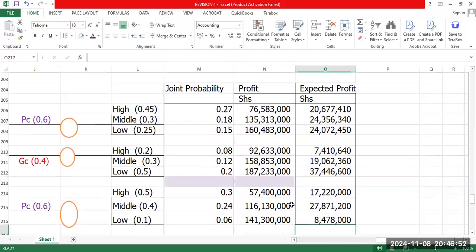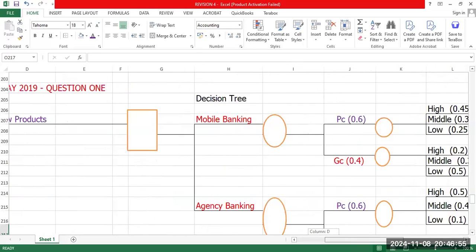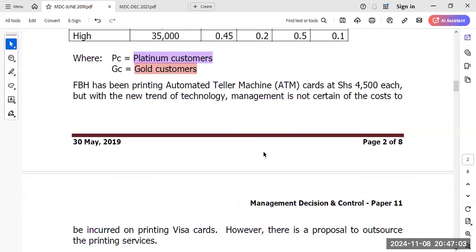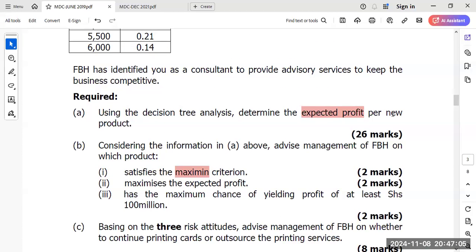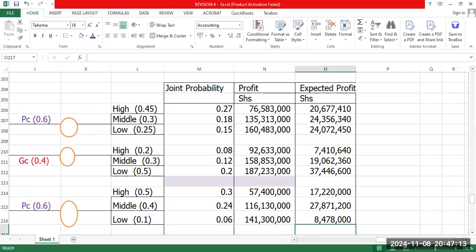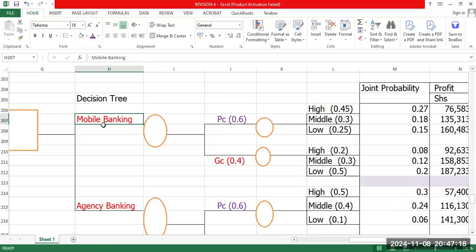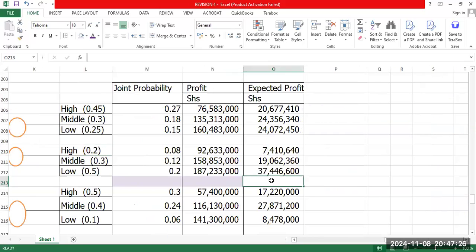But remember, based on the question, you need the expected profit per new product. So remember here, this is your product, mobile banking, this branch. This branch has this circle, so add everything you're seeing on this circle. You will just be adding your sum.